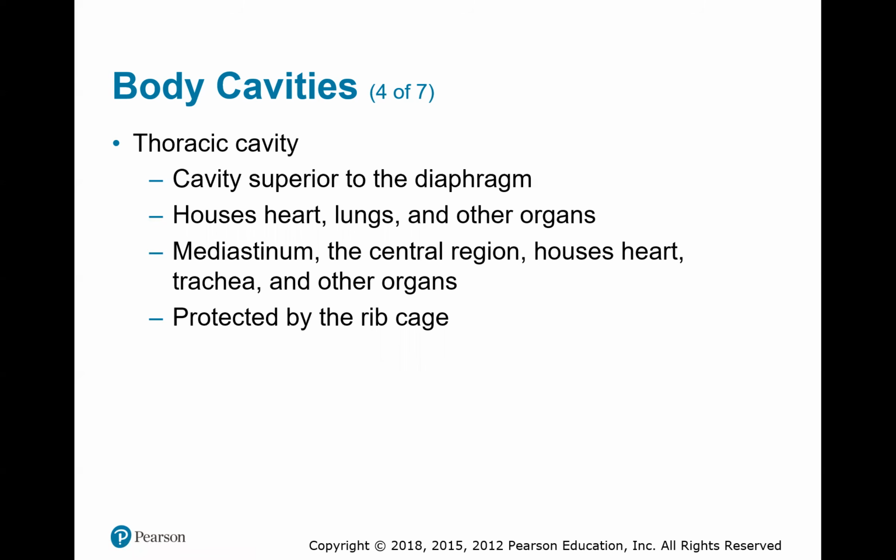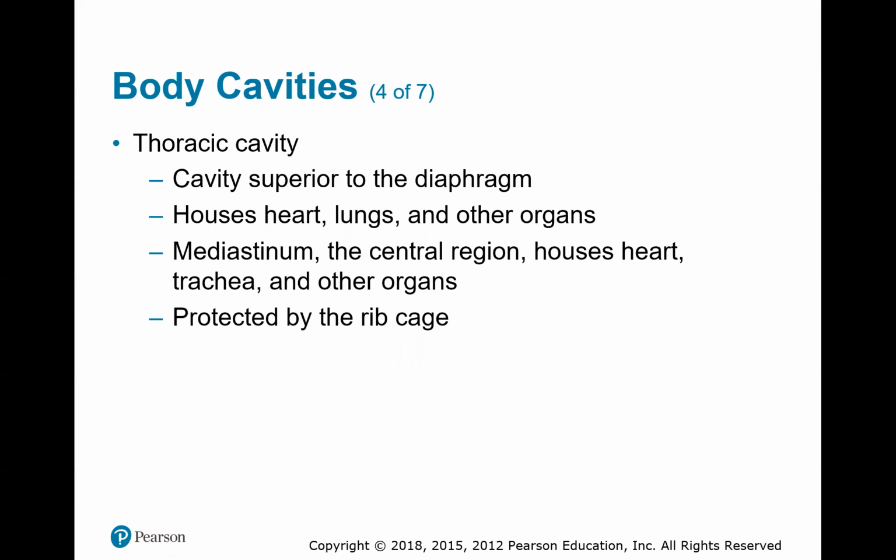And in the central region of this thoracic cavity, we find what's called the mediastinum. Depending on who says it, some people pronounce it one way, and you'll hear it pronounced another way. So just as a reference, if you look online or hear other people, you may hear it both ways. But it's sort of the medial area.